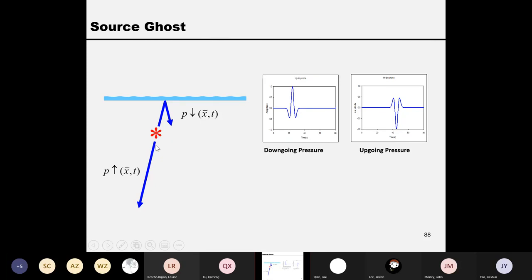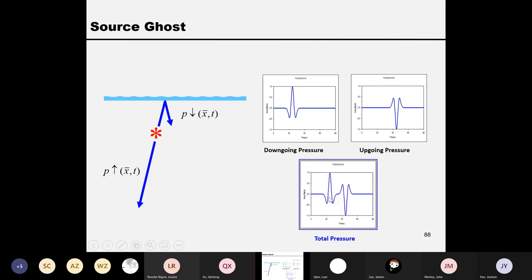These two waves have one distinguishing feature, which is the phase delay. Phase delay means time delay.